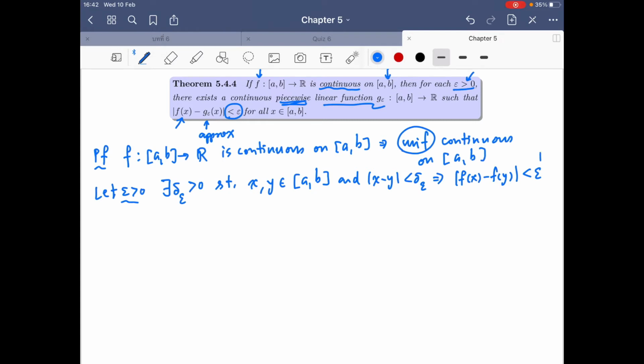This one we may need to adjust later on. Let us keep it as epsilon first.